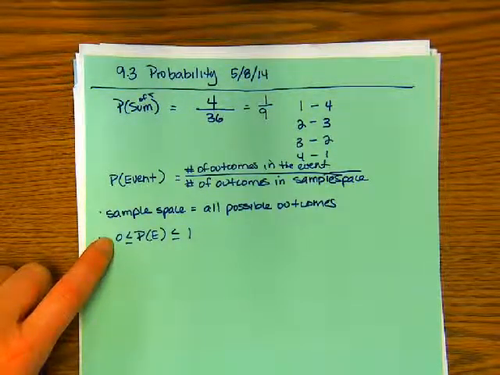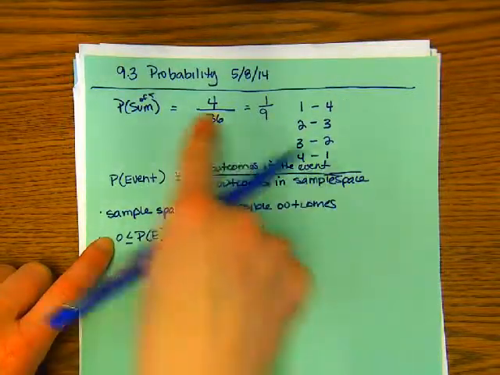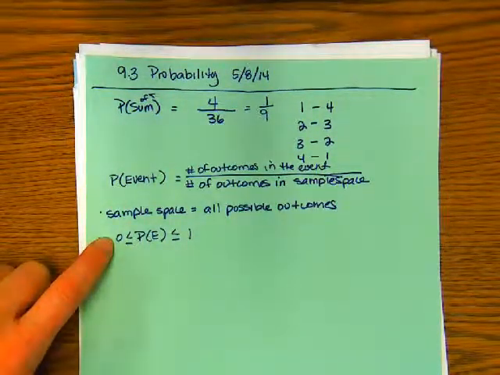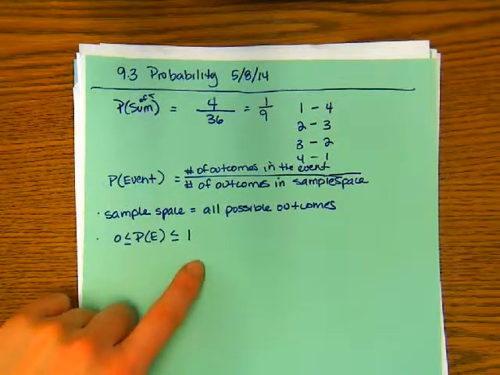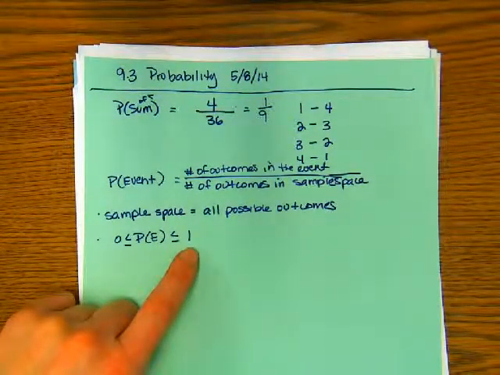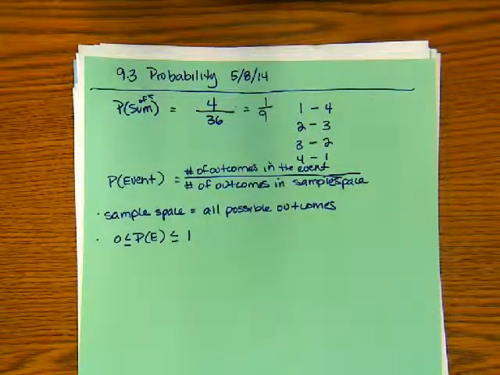For instance, if I said, what's the probability you get a sum of a 1 in this scenario up there? 0. Couldn't happen. Okay. 1 is the probability of a 100% chance of happening. So if I said, what's the probability you're going to get a sum that's an integer? You're going to, right? Because you're dealing with things that are all integers. 100%. So if you are adding the probability of an entire sample space together, it has to equal 1. Otherwise, it's not valid. Does that make sense?